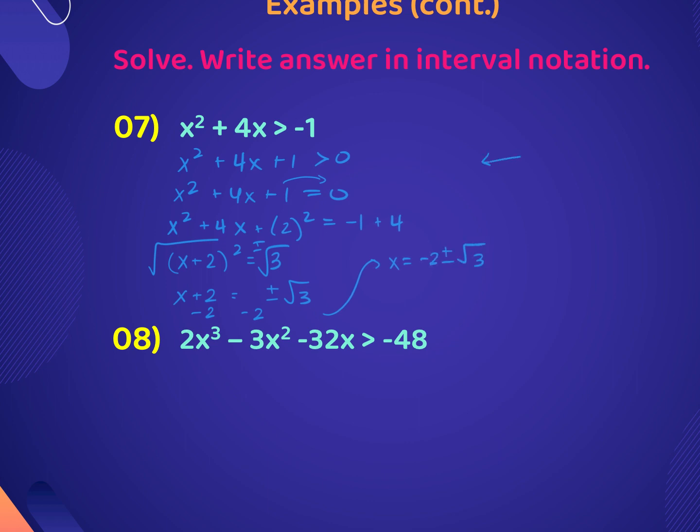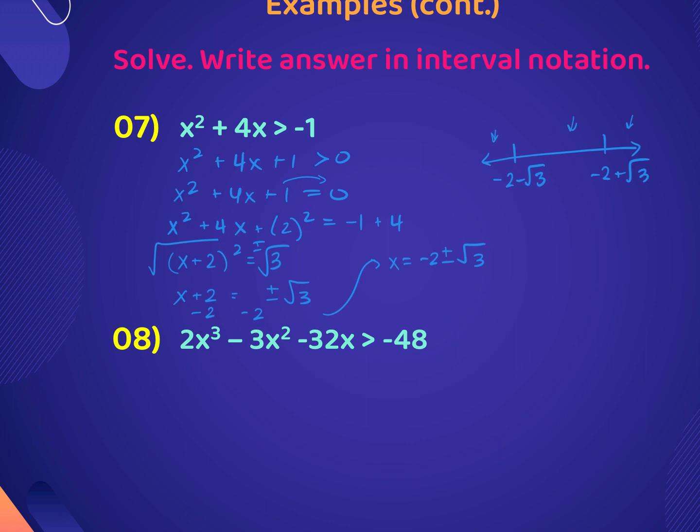Now, when I go to this number line here, I know that minus 2 minus the square root of 3 is going to be on the left, and minus 2 plus the square root is going to be on the right. However, what I don't know is where does 0 fall? I know 0 is not here, but is 0 here or is 0 here?